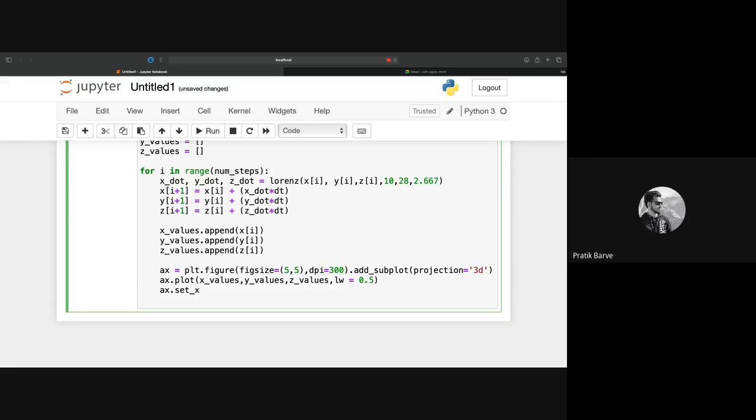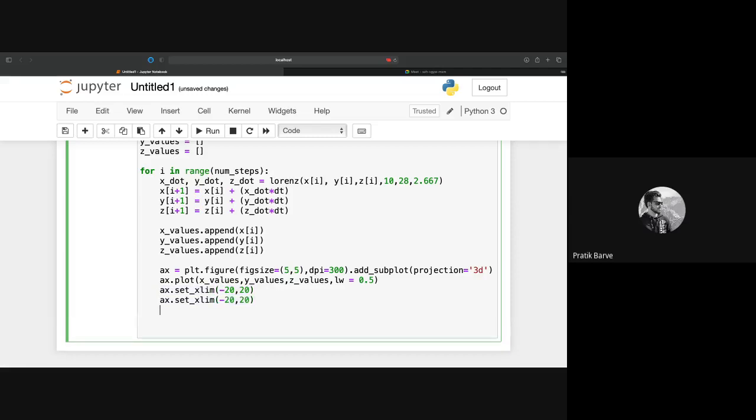So set x limit from -20 to 20, say. Copy paste and change the limits for y and z. Now I am setting these values by trial and error. I plotted and saw whether it fits or not.